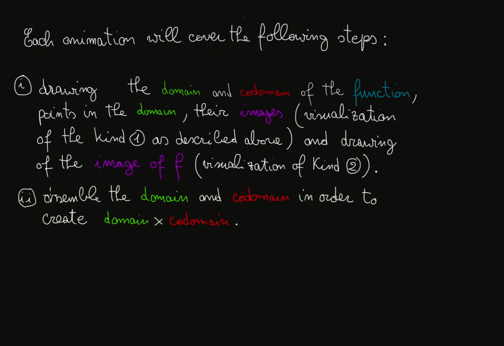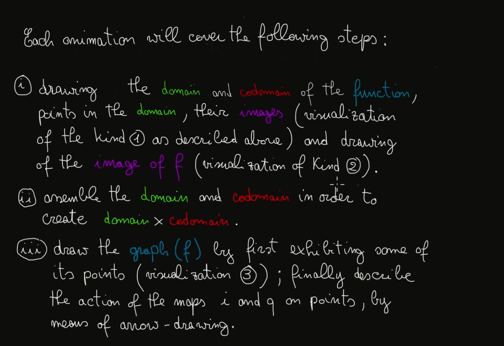The second step is going towards the representation of the graph of f, and in order to do that we have first to create the set in which the graph will live, namely the Cartesian product of the domain times the codomain. Therefore we'll be moving them around in order to create and display this Cartesian product.